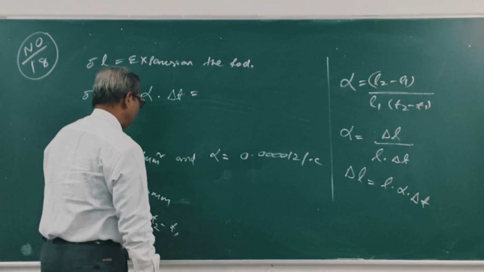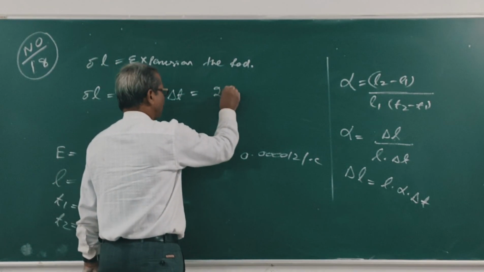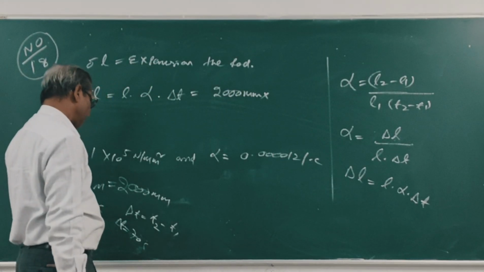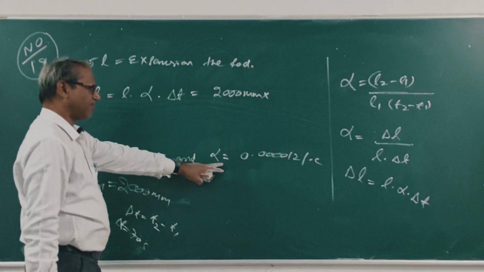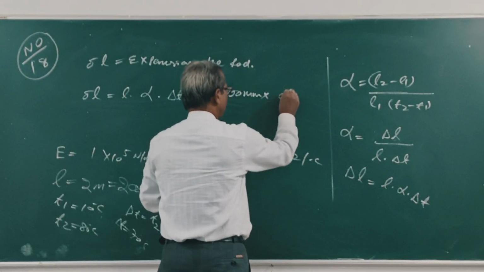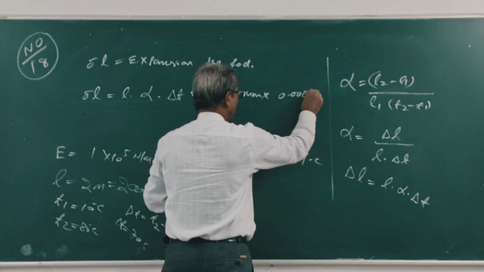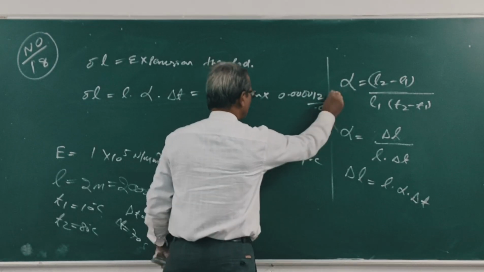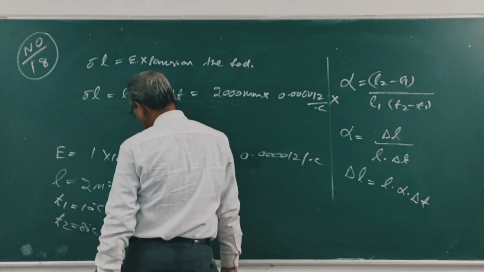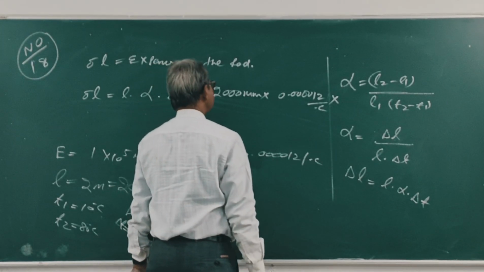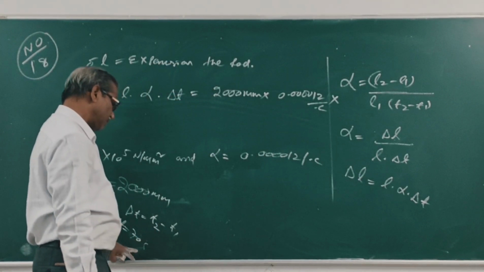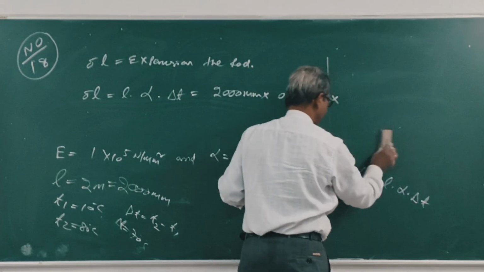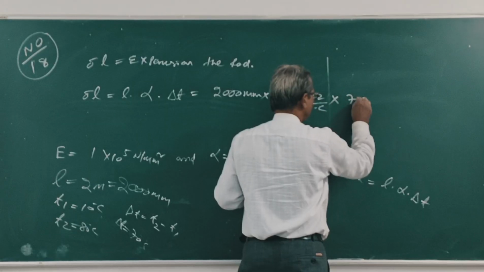What is L? 2000 mm. Right? What is alpha? This is alpha, 0.000012 per degree centigrade into delta T. What delta T? 70 centigrade into 70 centigrade.